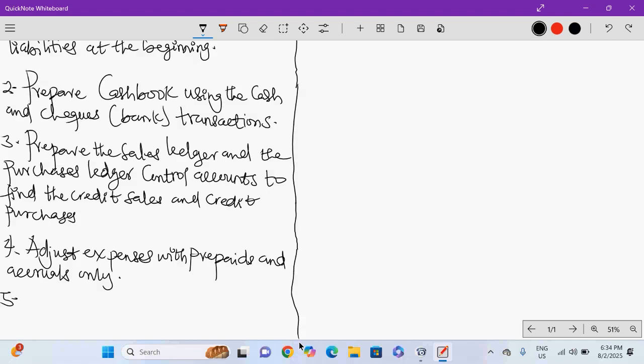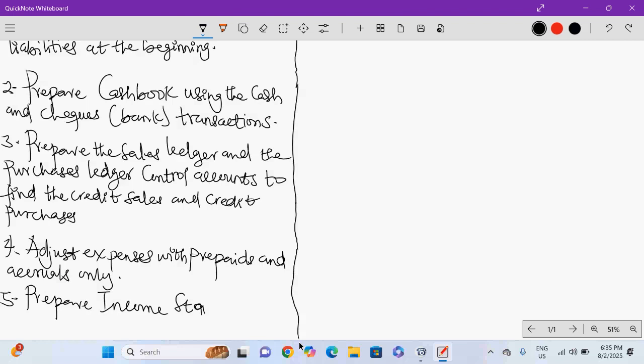Right. You can see that once you understand the steps, you have treated two topics, which is the single entry and then the not-for-profit making organizations. All right. So the fifth one is to prepare the income statement. Here there is no income and expenditure.